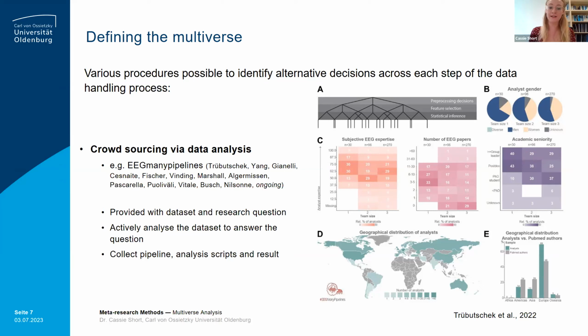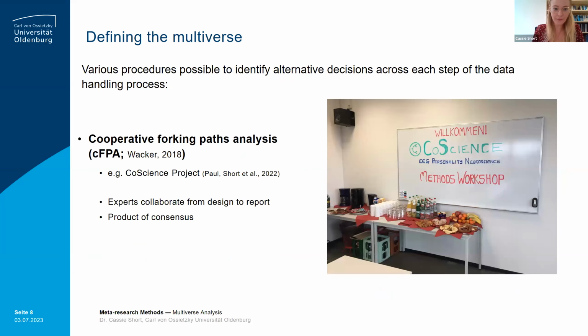And then they've collected all of the pipelines that were applied, all of the analysis scripts and the final results. So this is, I guess, a more hands-on way of not only defining the multiverse, but also having the analysis run for you and then collecting all of the effect sizes. And here, the researchers are actually looking at the data set and making a decision.